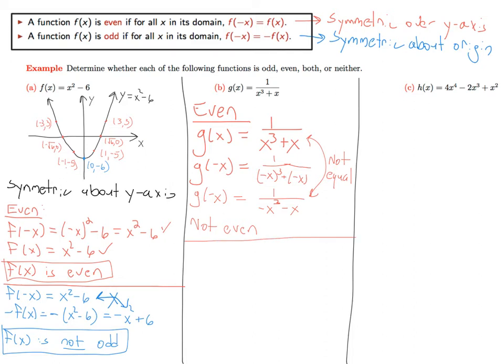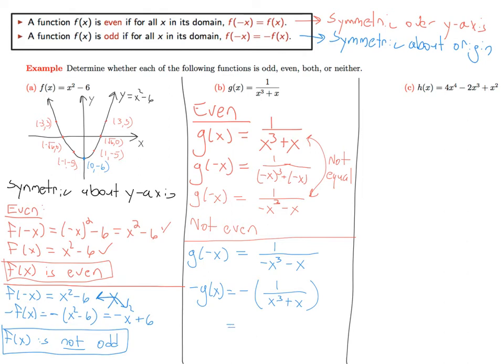To check whether the function is odd, I would compare g of minus x, which we had above, as 1 over minus x cubed minus x, with minus g of x. And so here, g of x was 1 over x cubed plus x. And now I have a minus sign. I'm multiplying this by minus 1.